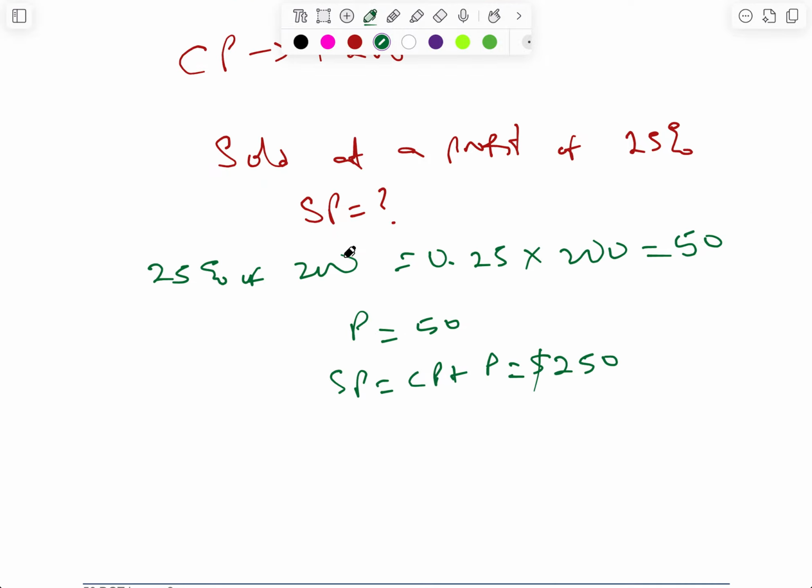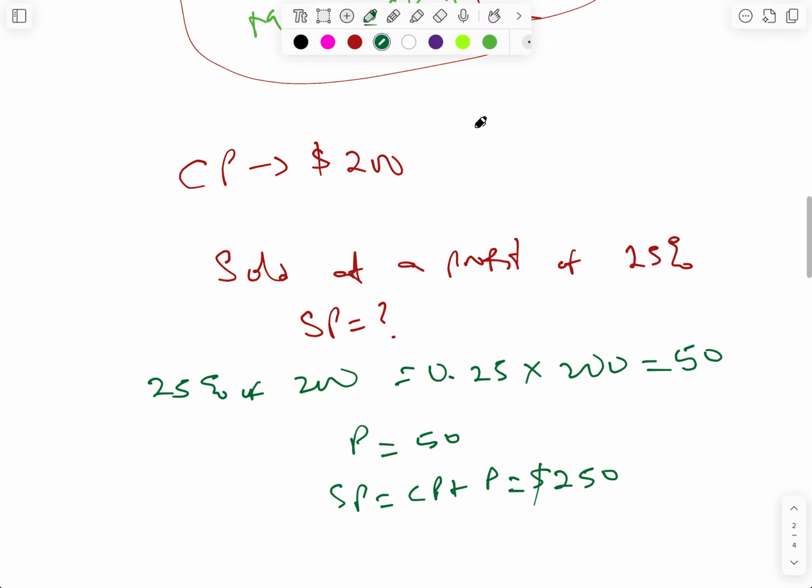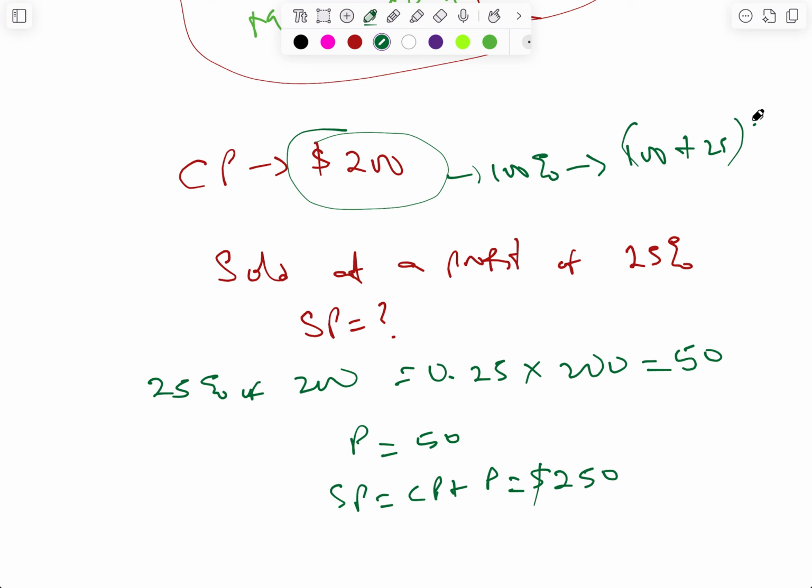But another way you can do it is that, you see, I told you that the whole thing is 100%. So if it is being sold at a profit of 25%, that implies that you are raising this thing from 100% to 100 plus 25%. So therefore, the amount that you sold the good for is going to be 125%.